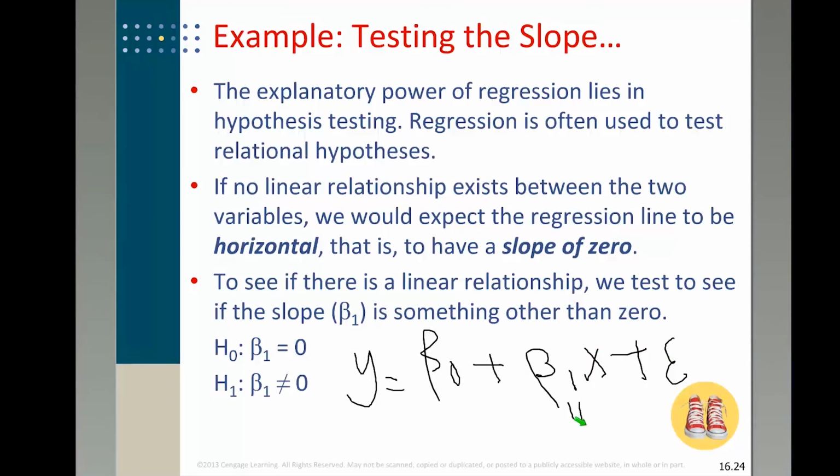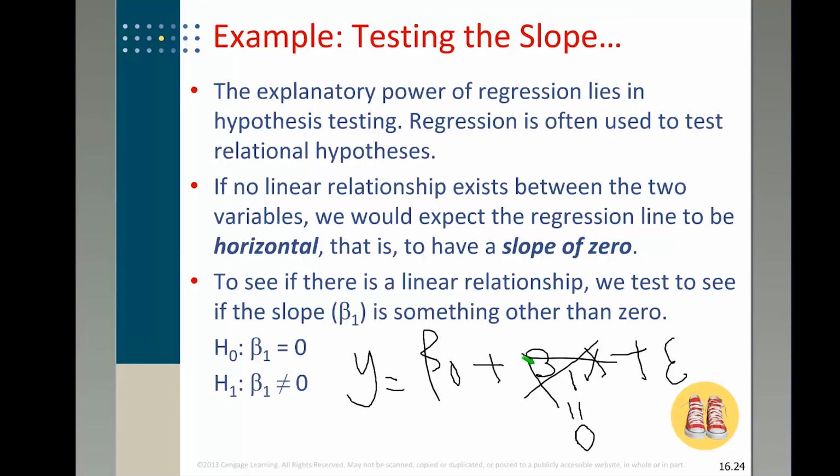If beta 1 is equal to 0, what will happen? Well, if beta 1 is equal to 0, then x will be dropped from the model together with beta 1 because 0 times x will be equal to 0. And if x is dropped from the model, then what we would observe is that y is not related to x at all. Y is just equal to beta 0 plus an error term.